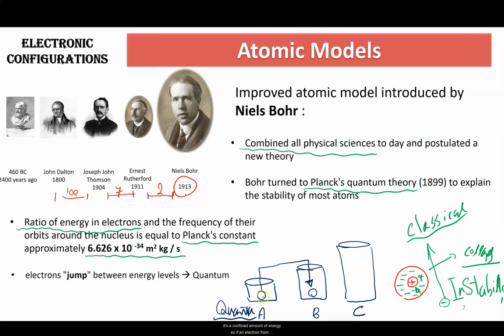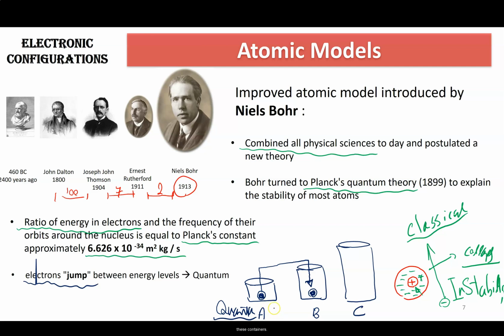So if an electron from container A would like to go to container B, it has to get out of existence and then reappear in container B. That's a very complex and unfamiliar concept that we're dealing with. So in other words, electrons jump between energy levels.